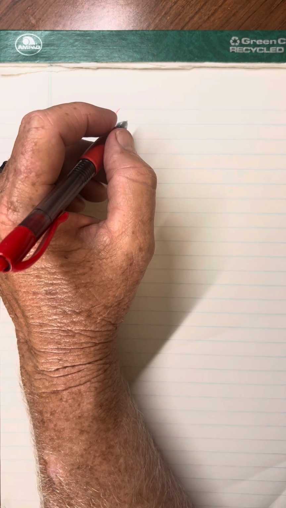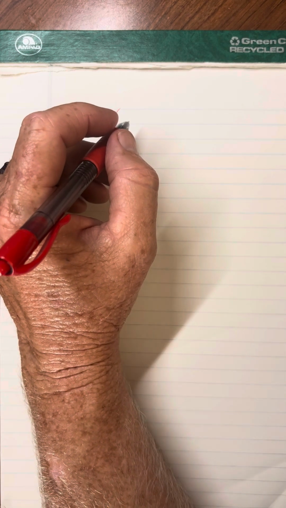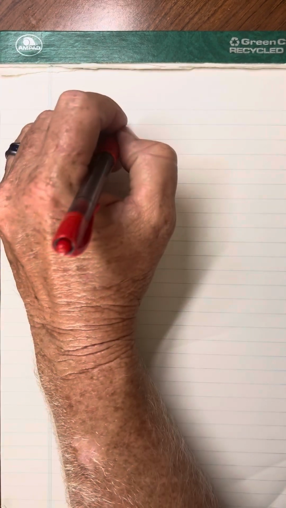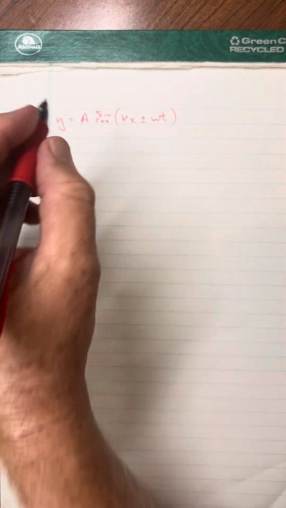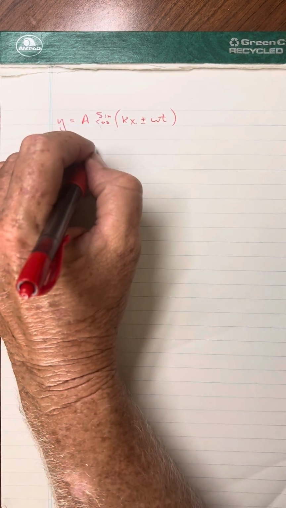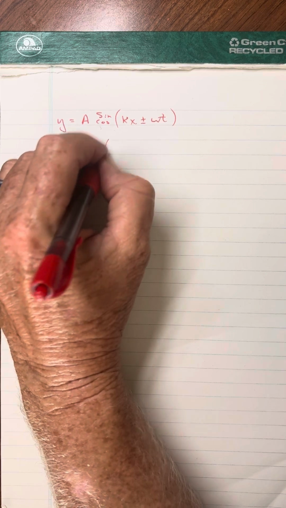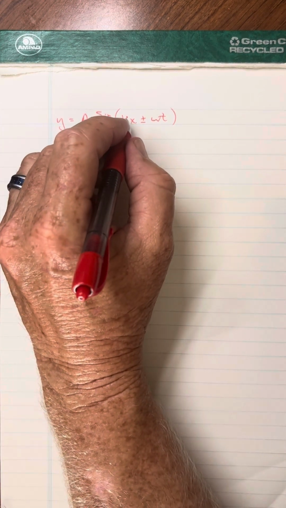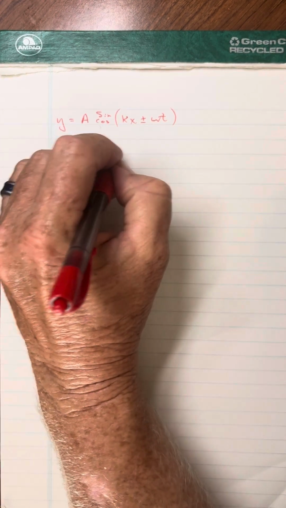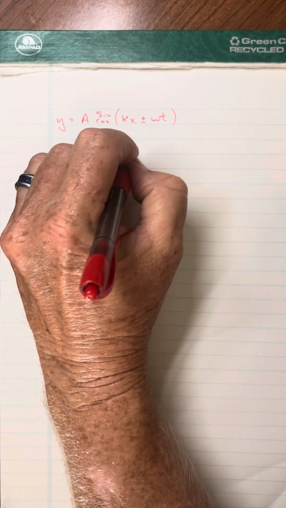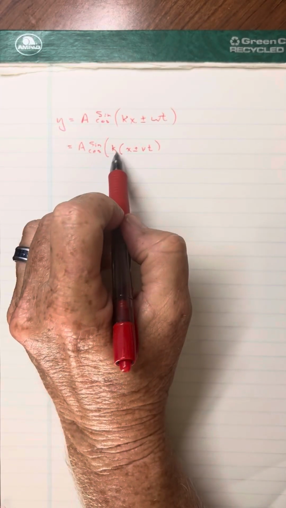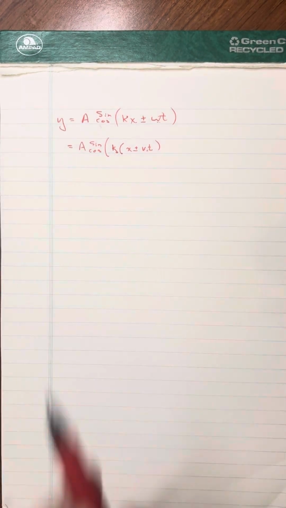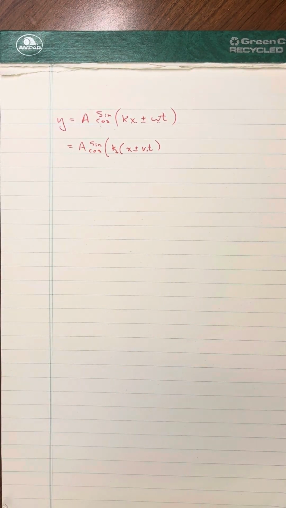Kind of looking for the general equation of the wave. I know it's somewhere in here. Well, I'm going to do both. Sometimes we write it as kx plus or minus omega t, and other times it's written, depending on the textbook, and I was thinking this is how your textbook wrote it, as a k times an x plus or minus a vt, because k times v factors out to an omega.